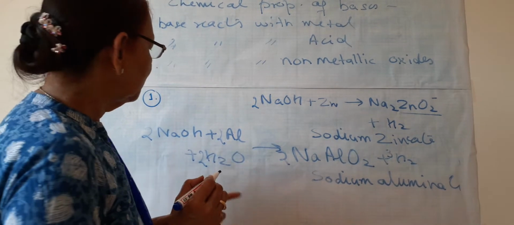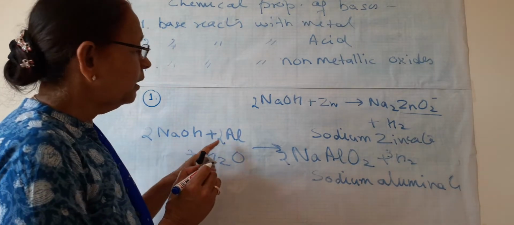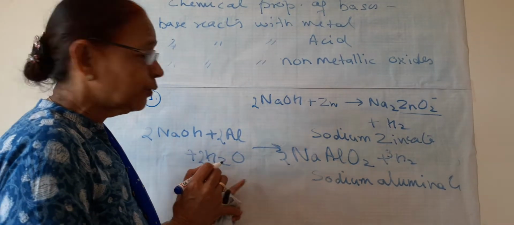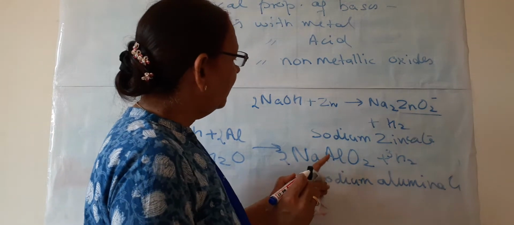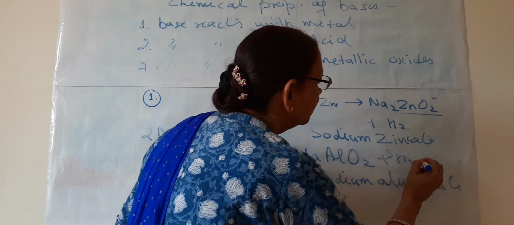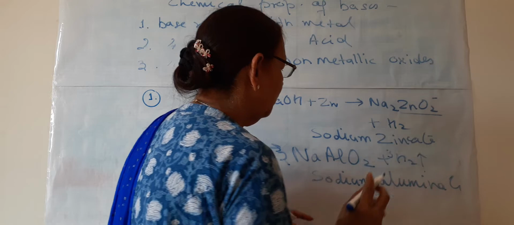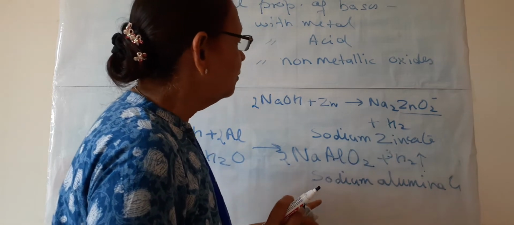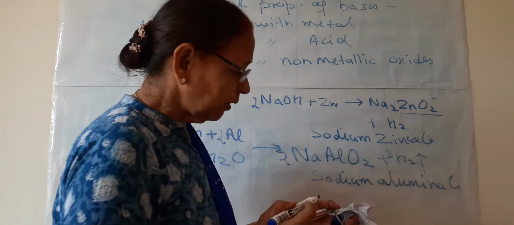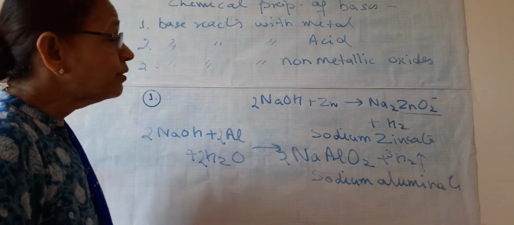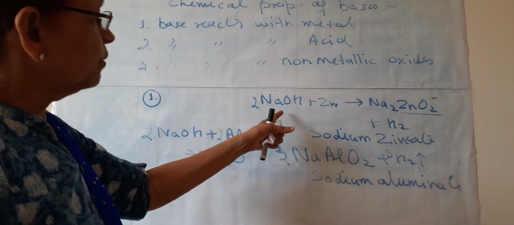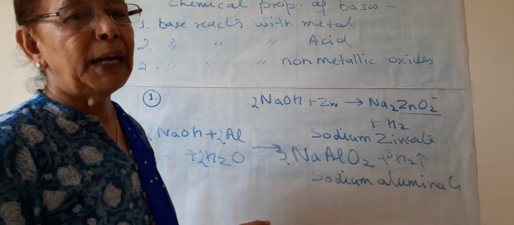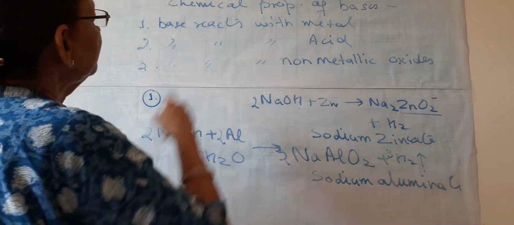So now the equation is balanced. 2 NaOH plus 2 aluminium plus 2 H2O is equal to 2 NaAlO2 plus hydrogen gas evolved. So these are special compounds, sodium zincate and sodium aluminate, formed by the reaction of a base with a metal. So this first is completed.